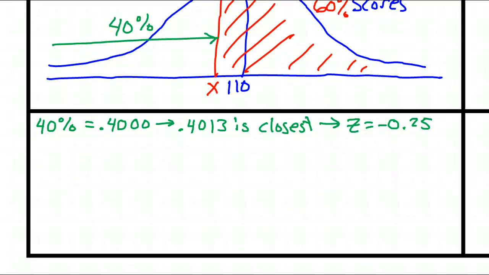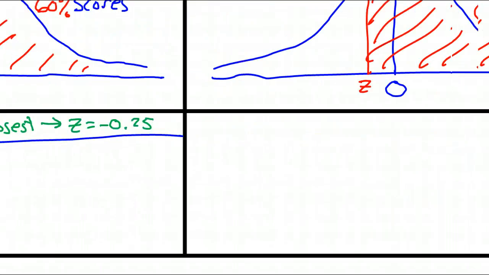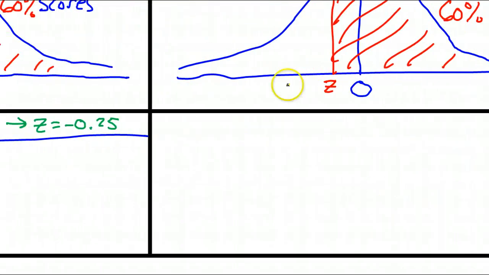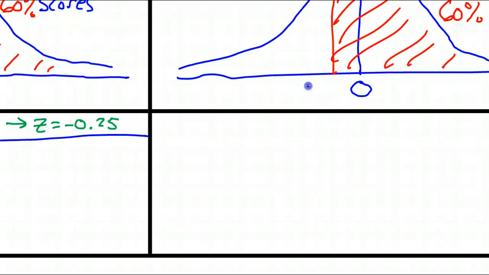Now I can go ahead and do my calculations. Let me go ahead and record that z-score now that I know it. So now I know this z-score, so write it in. This is negative 0.25.